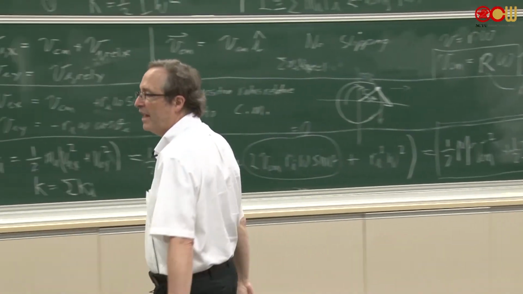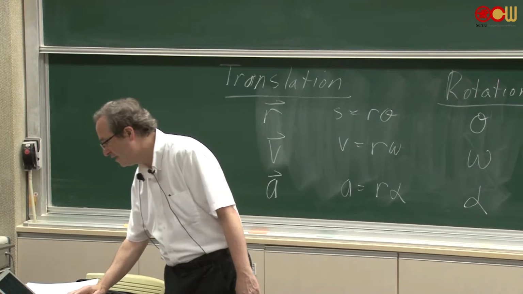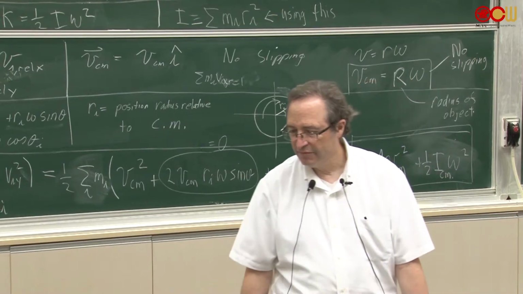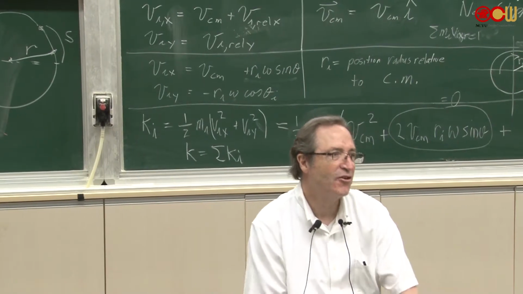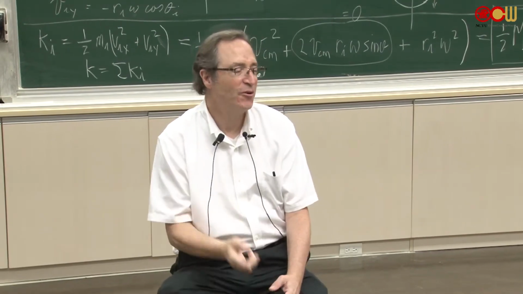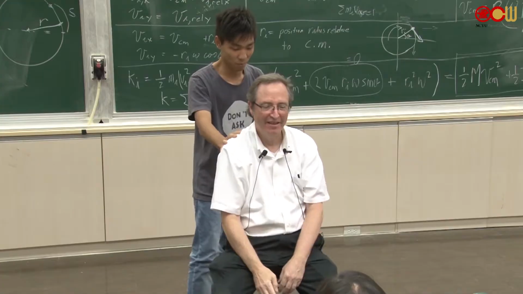All right, you could play this kind of game with all kinds of objects and all kinds of moments of inertia. Let's see, I need a volunteer. I'm not going to have to do much, no calculations. You just have to try to turn me around. Take my shoulder and just push me around. That's it.